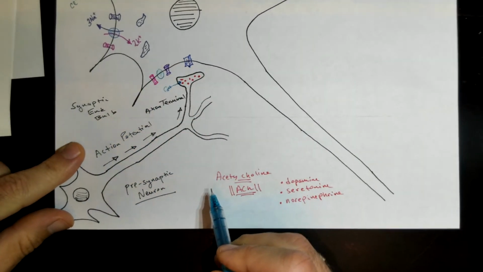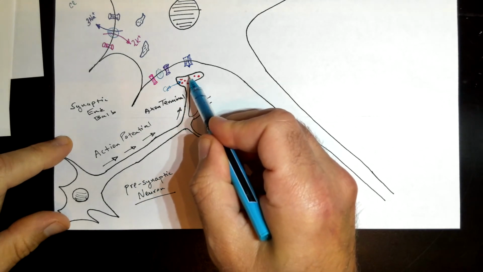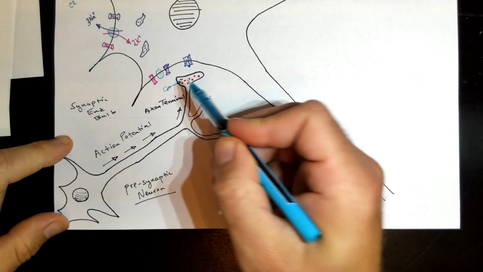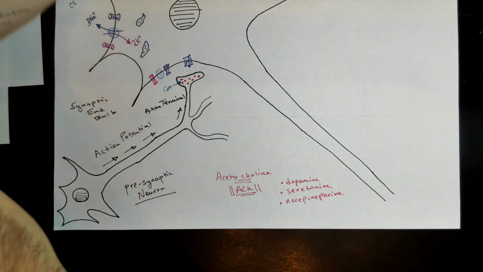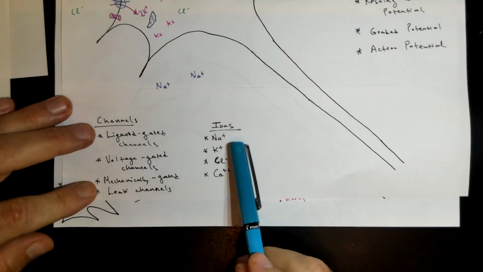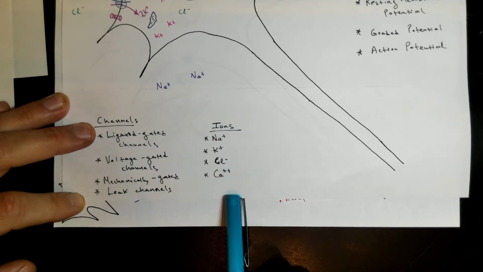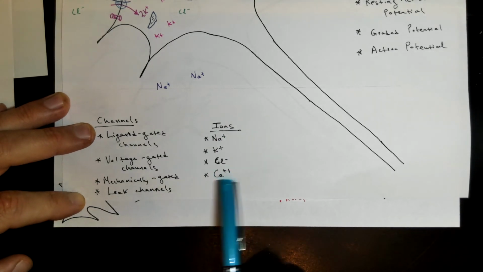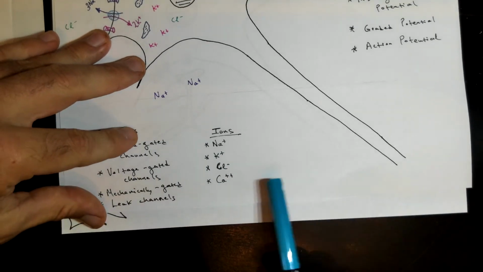Ca double plus can come in and get that neurotransmitter to come out, right? And so if you look at the first picture that we started with, we said that we're going to see sodium, we're going to see potassium, chloride. We've seen these 3, and now, as a reminder, we also have calcium here. So we've looked at all of the ions at this point.